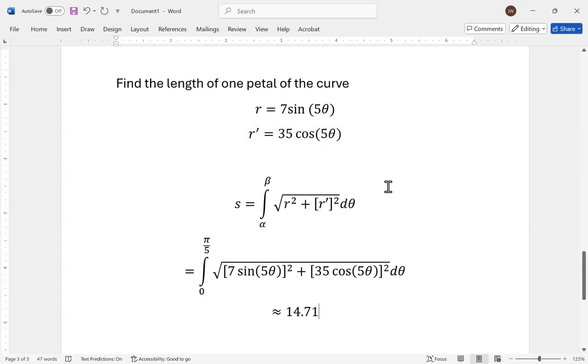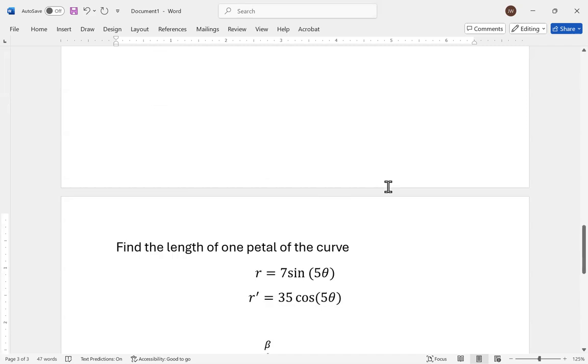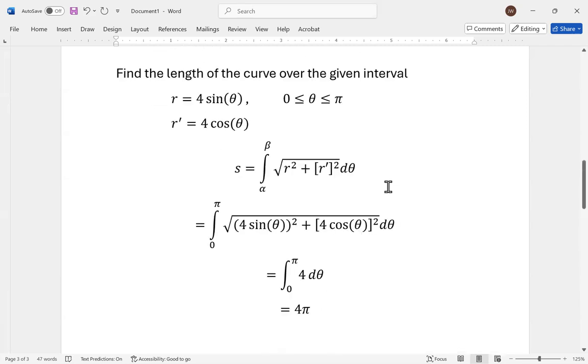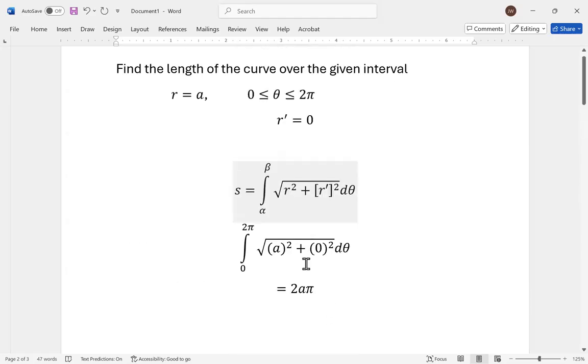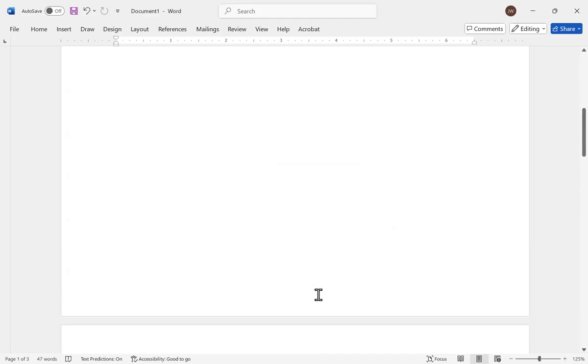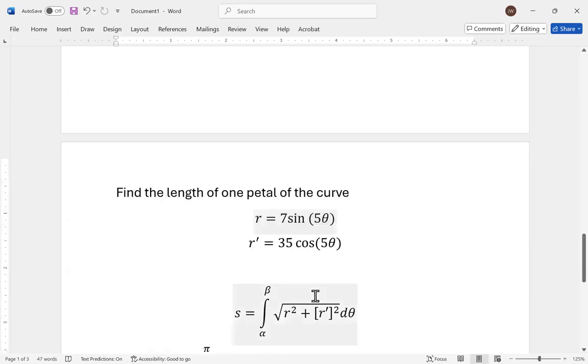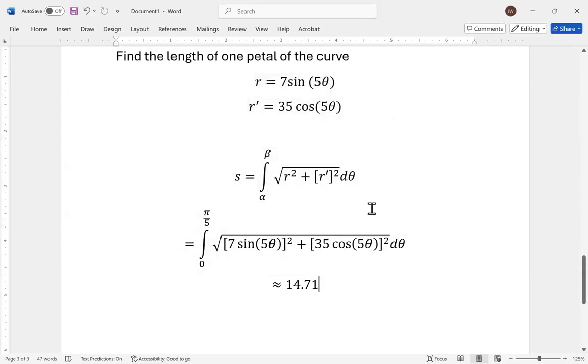So this shows you how to find arc length. And obviously in the first couple of examples, we found arc length. We had really nice numbers. We ended up with 4 pi. We ended up with 2 times, well, this was originally 8, but 2 times a times pi, or 2 times whatever radius we're dealing with times pi. And then obviously this last one, the petal of the rose curve, was not a nice integer times pi or anything like that.